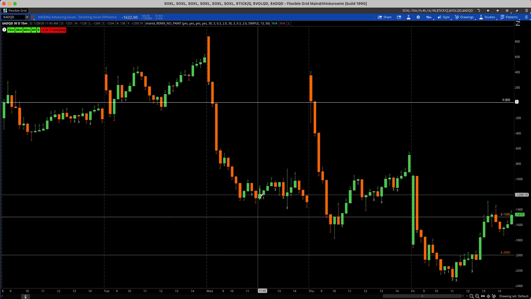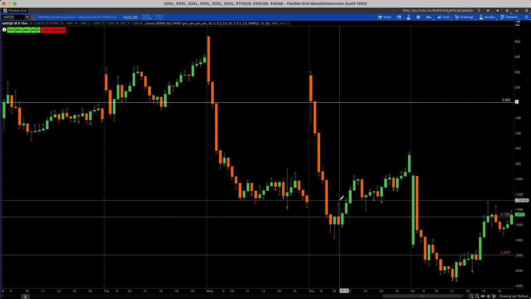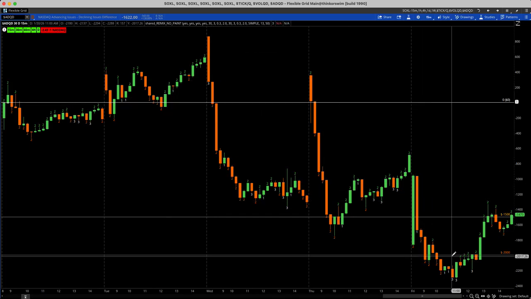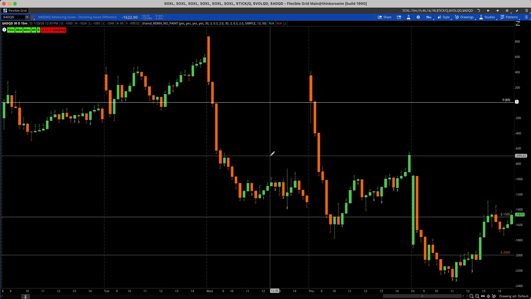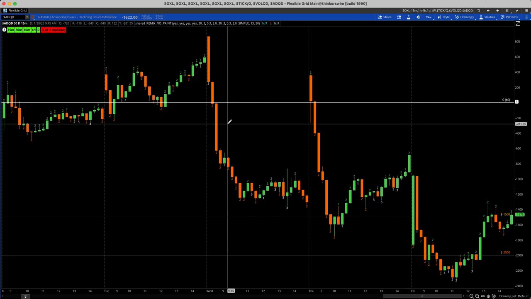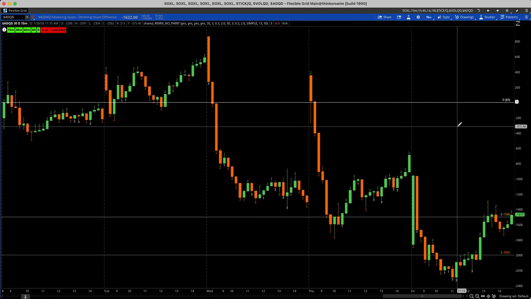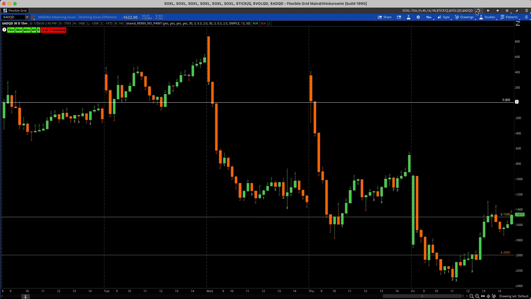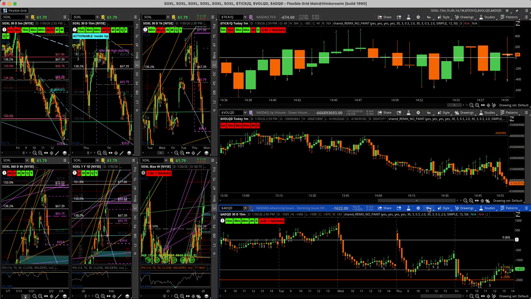So big drop in breadth Wednesday, big drop in breadth Thursday, and then a big drop in breadth on Friday. The reason I bring that up is because this is for all of QQQ. SOXL or chips is just a part of QQQ. So there is a divergence that you can see between SOXL's price action and ADQD from time to time, and this is kind of one of those times.